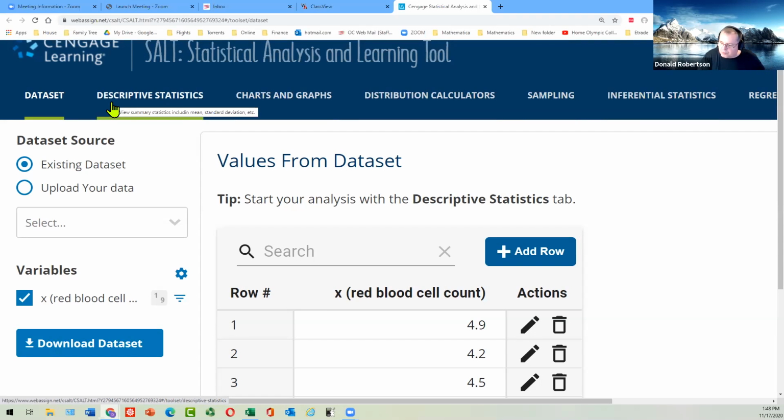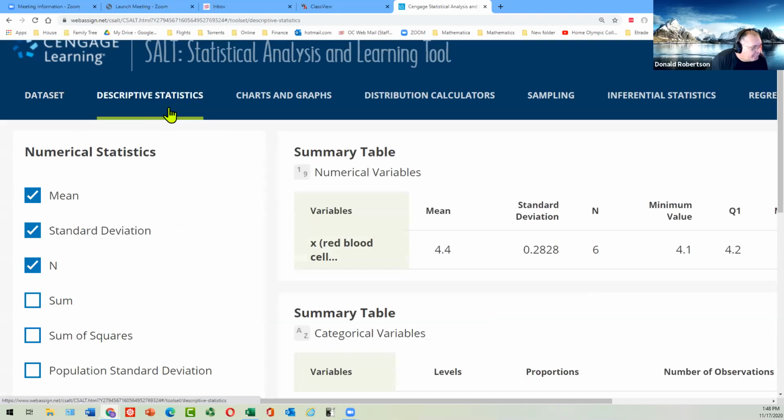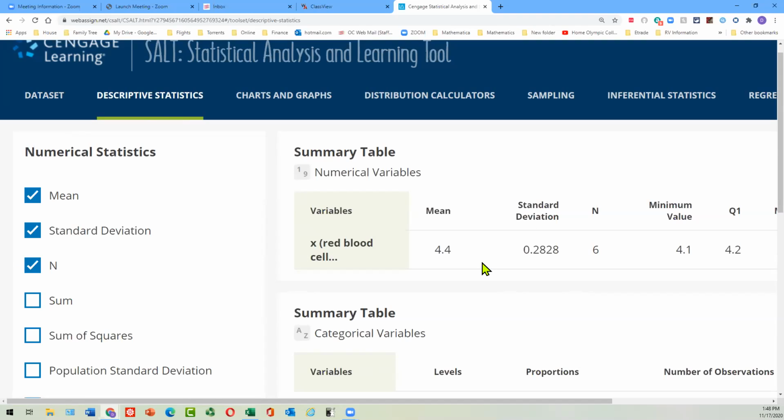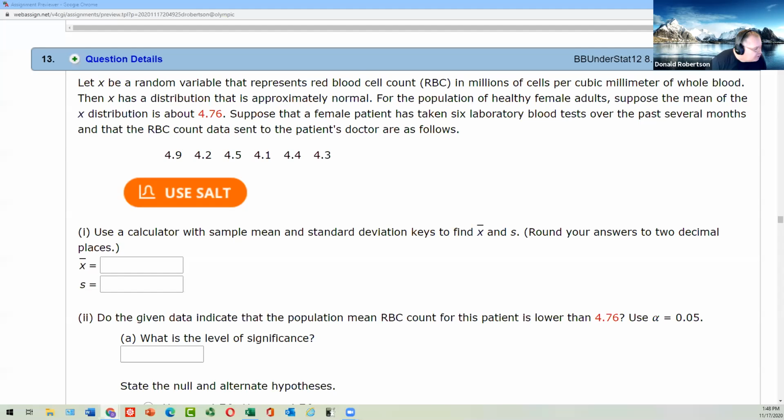Can anybody remember which one it was? Number 2, that one. Yeah. So the mean is 4.4. The standard deviation is 0.2826. And there were 6 of them. And that is how you get those missing numbers.